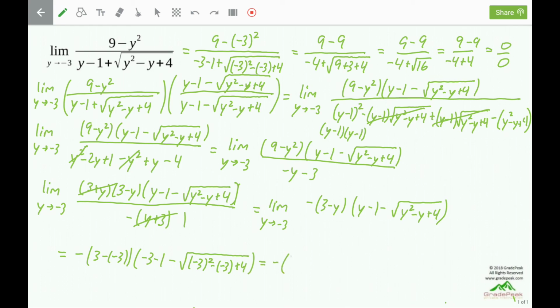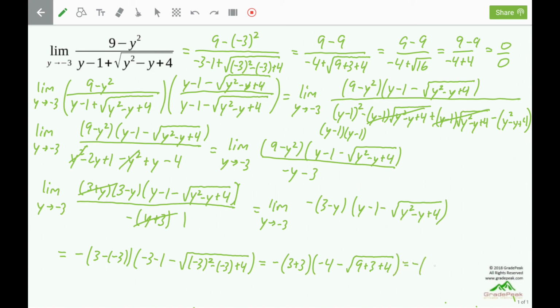So we have the negative of what will become 3 plus 3. And then negative 3 minus 1 is a negative 4 minus the square root of negative 3 squared is a 9, minus a negative 3 is plus 3, and plus a 4.